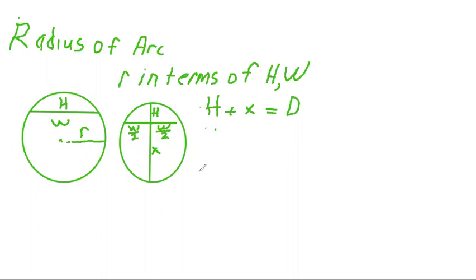Now, y'all, there's a result called the chord theorem, which says this: if you take the product of this chord segment with this chord segment, you get W squared over 4. And that's equal to the product of these two chord segments, which is HX.